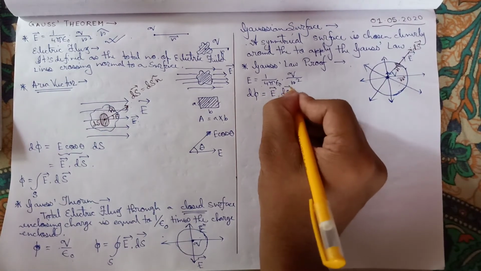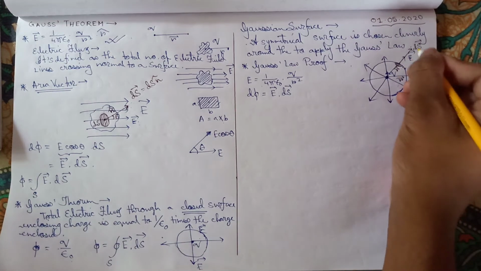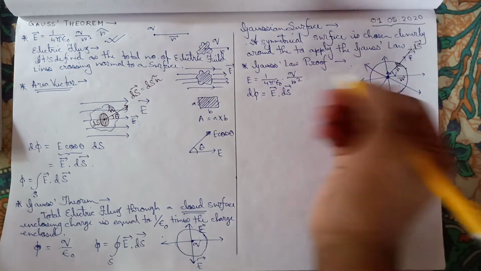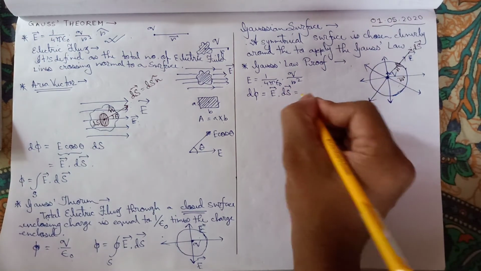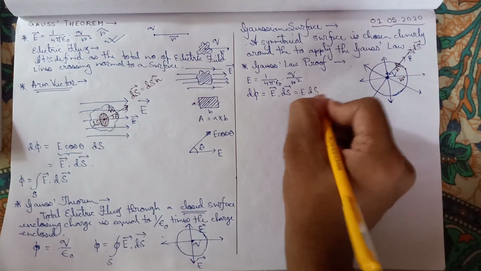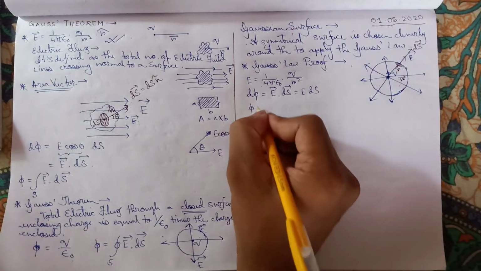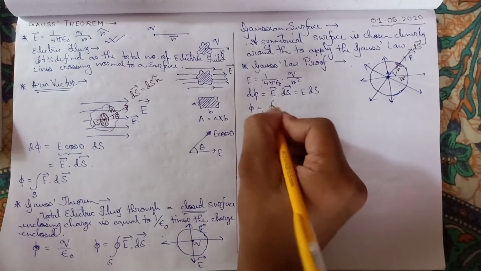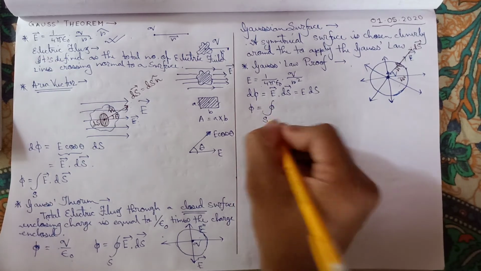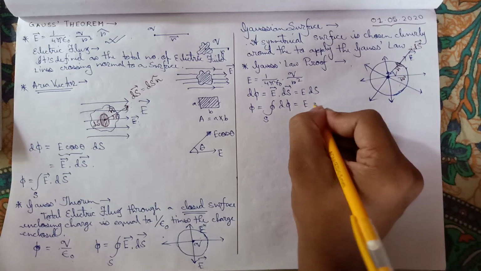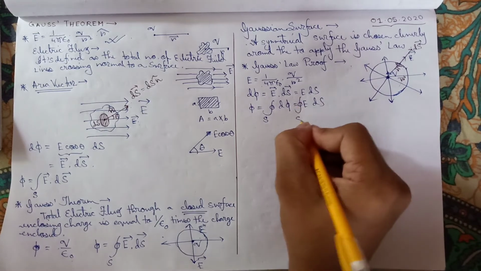Now the angle between E and ds is 0 degrees, because ds is along E. So cos 0 degree will be 1, and it will be just E ds. Now to find the total flux, we take the closed surface integral of d phi, so it will be the closed surface integral of E ds.